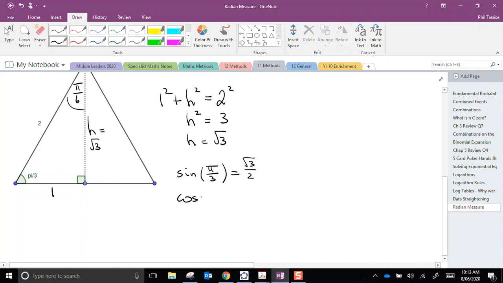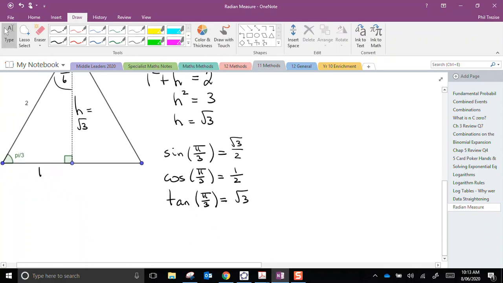The cosine of pi over 3, that's the adjacent over the hypotenuse, that's 1 over 2. And the tan of pi on 3. Tan is opposite on adjacent, root 3 over 1, that's just root 3. So much for the pi over 3 angle.